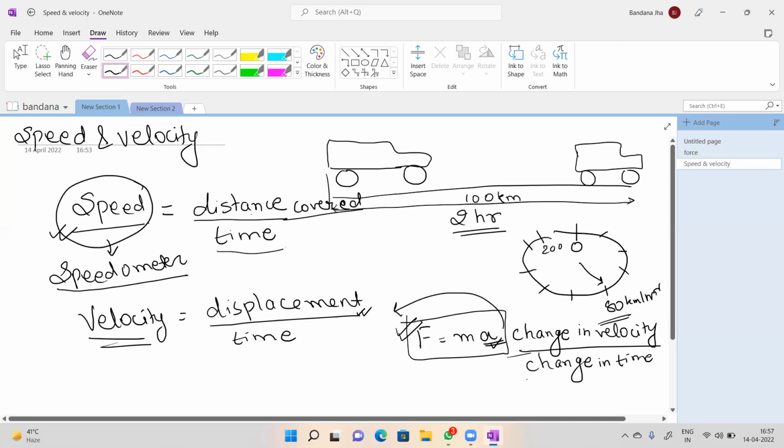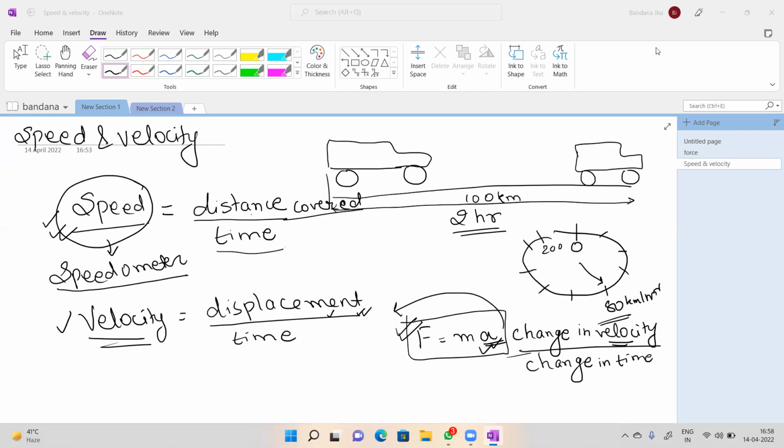Knowledge doesn't fail, it only gains. That's why I am focusing on this: before acceleration, you have to understand velocity. For that, you have to understand the difference between speed and velocity. Here is displacement and here is your distance. Understood, beta?